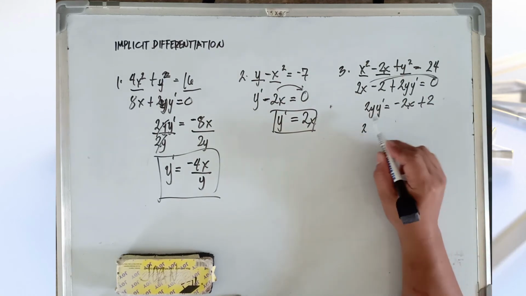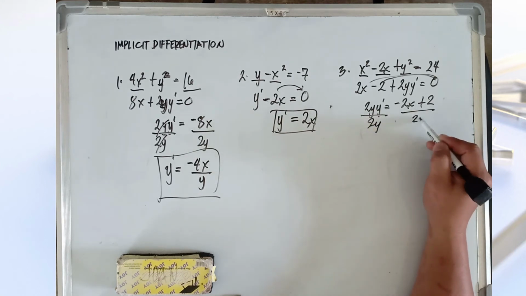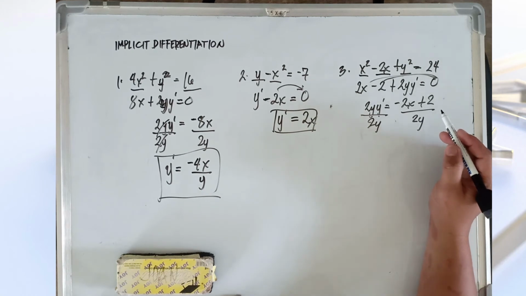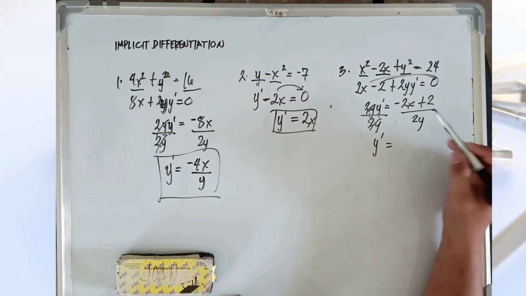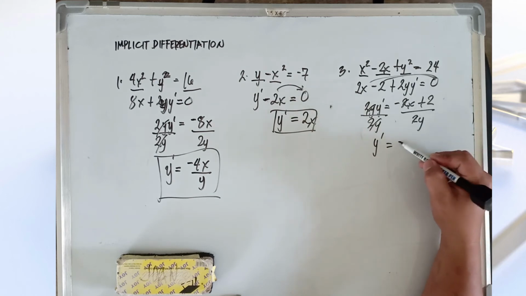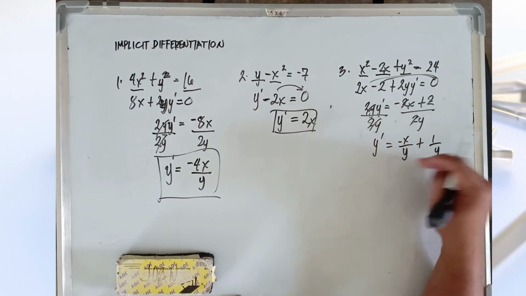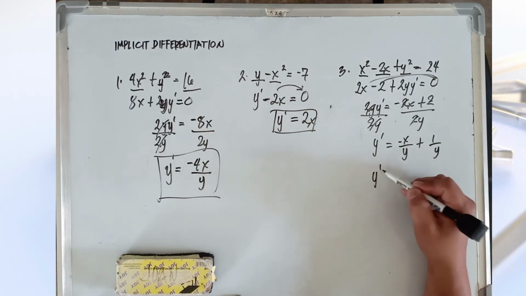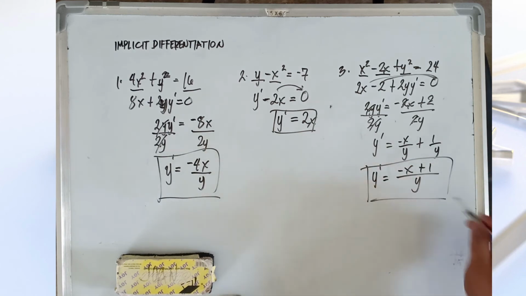Then, divide both sides by 2y. 2y by 2y. So we have y prime is equal to negative x over y plus 1 over y. Since they have the same denominator, we will just rewrite this one as negative x plus 1 over y. So that's the derivative.